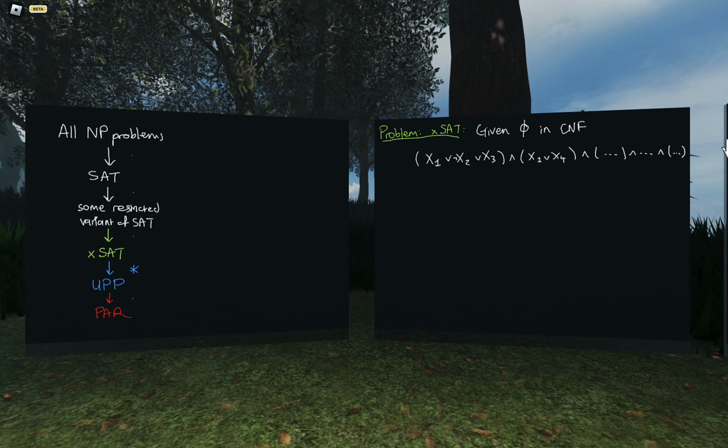So we could have some of these be negated variables. There's going to be a couple of other restrictions. So CNF is the first restriction. It means that you have to have these disjunctions on the inside of your conjunctions, and there are no other different types of logical connectives at play. But there are also some other restrictions.